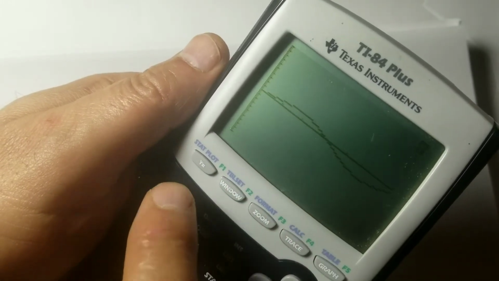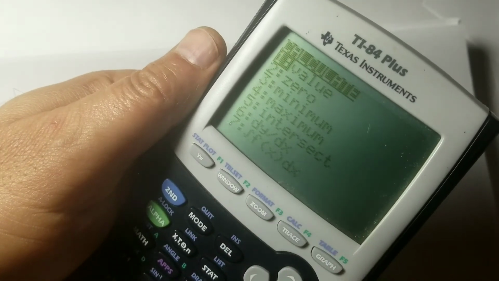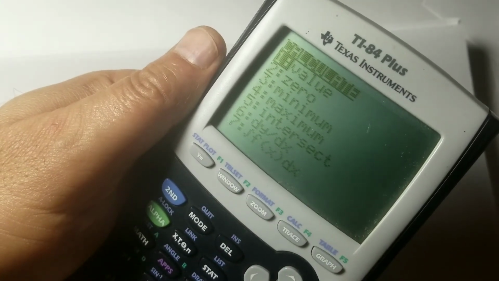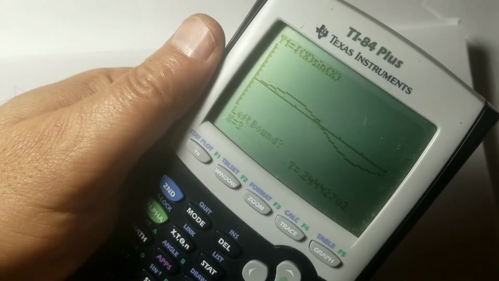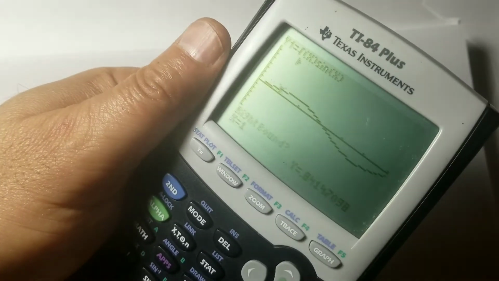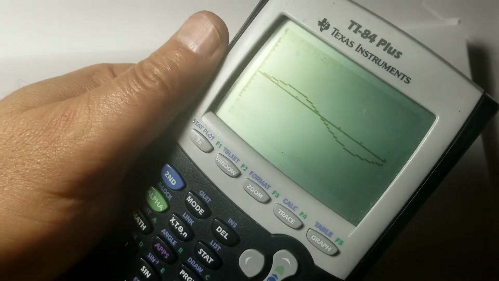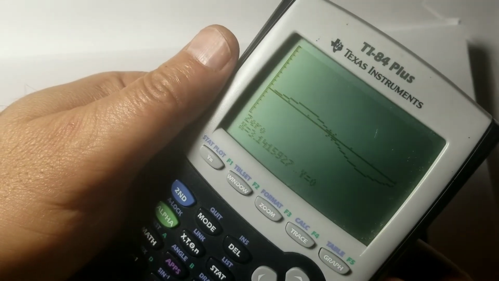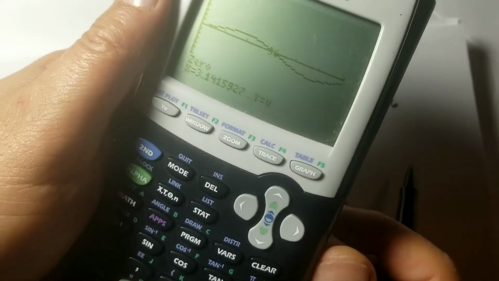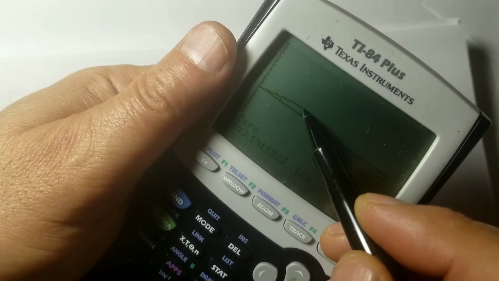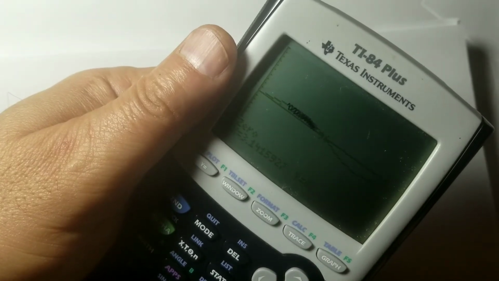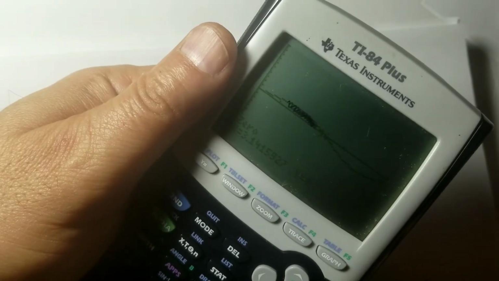Let me find my x-intercept, the zeros, number 2. The left bound is 1, the right bound is 5, and my x-intercept is 3.14. The graph passes through 3.14. I have to have a positive number, therefore I cannot use 5.